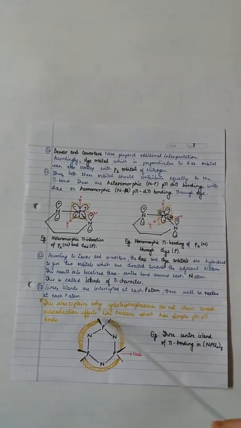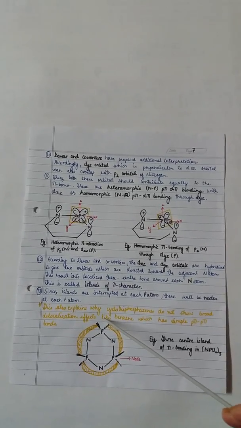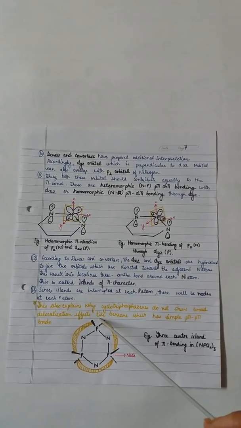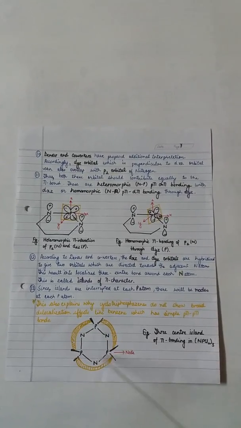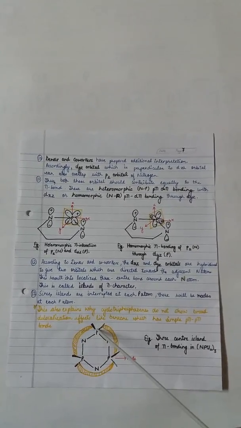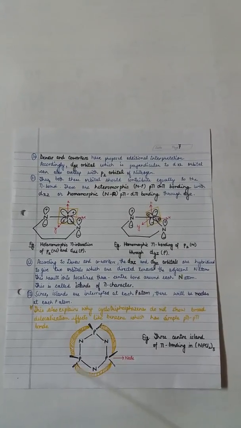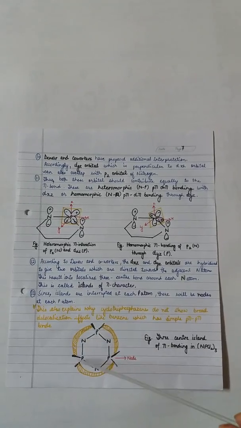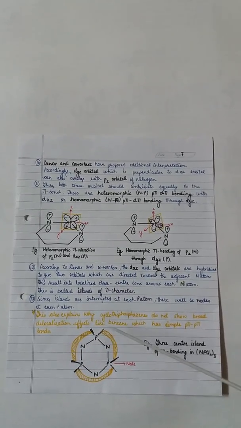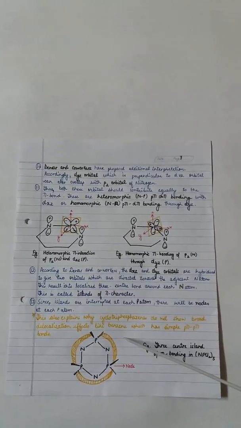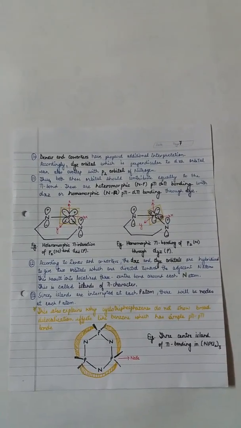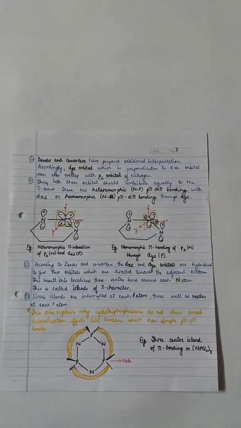Then we studied the island model given by Dewar and co-workers due to hybridization of dxz and dyz orbitals, and this island was interrupted at each phosphorus, which are called nodes. And then we discussed why these are different from benzene, because there is also d pi p pi bonding, but it is not like benzene. It does not show delocalization effect because of this interruption. This was all about its structure and properties.